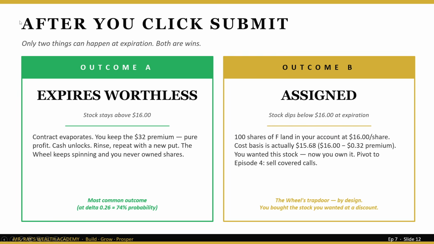And now we actually got a stock that we don't mind owning. And now what we're going to do, we're going to turn around and go to episode 4, baby, and we're going to sell covered calls. So being assigned on the wheel is not a trap door, baby. You bought the stock option because you wanted to buy the stock at this particular price.